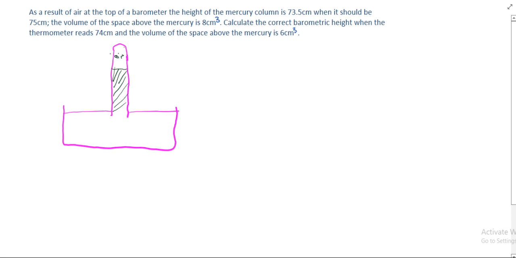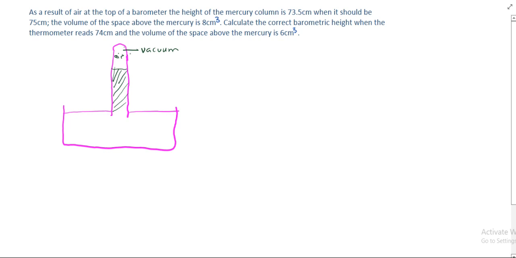There shouldn't be air there in the first place, because the top there should be a vacuum if the barometer wasn't faulty. But because this is a faulty barometer, we have air there. It should be a vacuum. It is because we have air there that the barometer is not giving us the accurate reading.